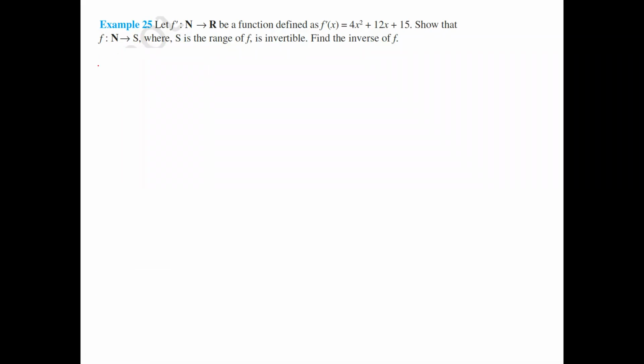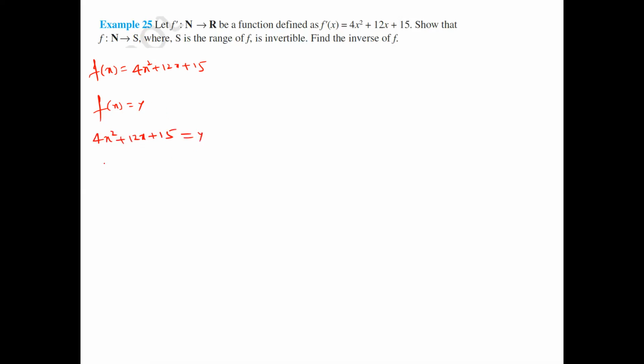Now we see f of x equal to 4x square plus 12x plus 15. Now write this as f of x equal to y. What is the f of x value? 4x square plus 12x plus 15 equal to y.